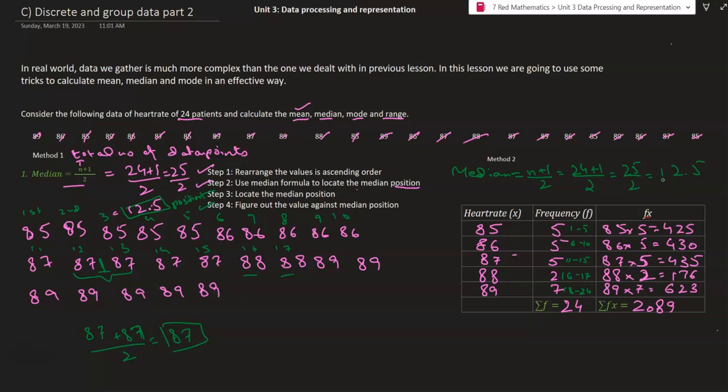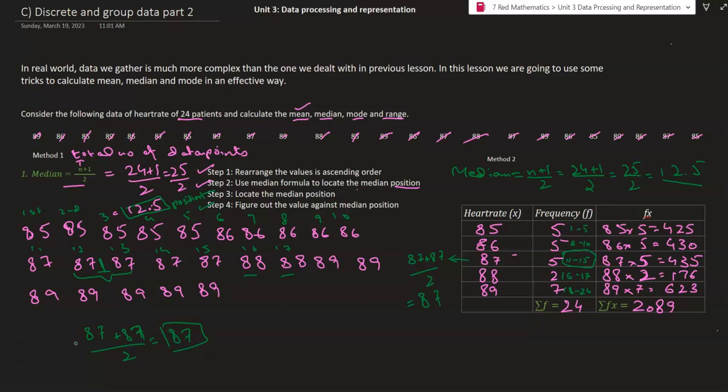The position we are concerned about lies in the 87 group. Since it's 0.5, it should be 87 plus 87 divided by 2, and we get 87. So this is how we locate the median value using the median formula with the table.